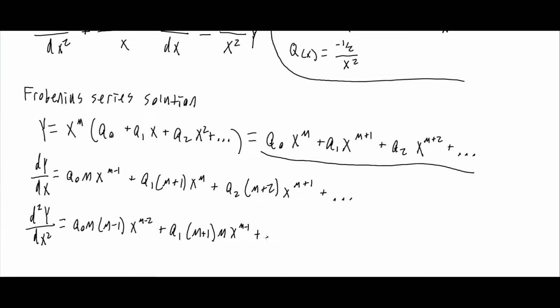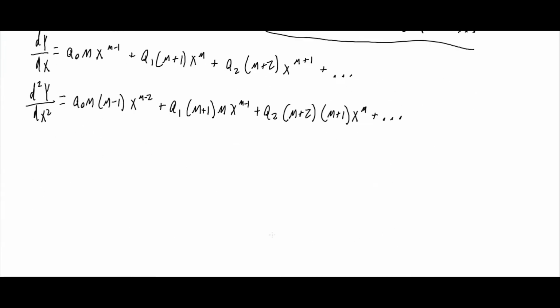I'll put one more term here, so it'll be a2 m plus 2 m plus 1 and then x to the m and so on.